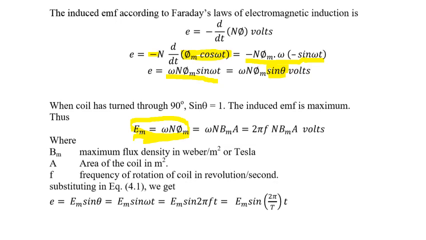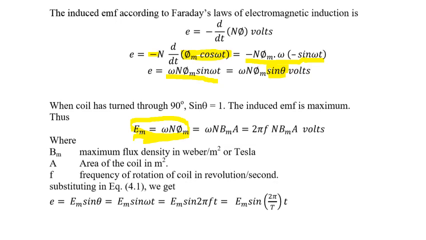Phi m is the maximum flux in the core, which is represented by the product of flux density Bm into A. Alternatively, this Bm is also equal to phi into A, flux per unit area.